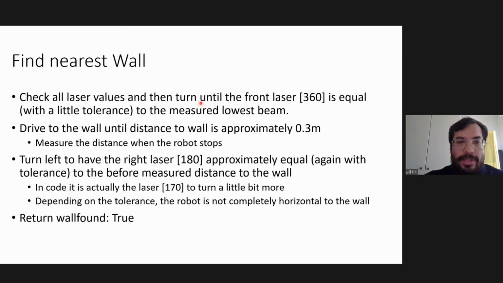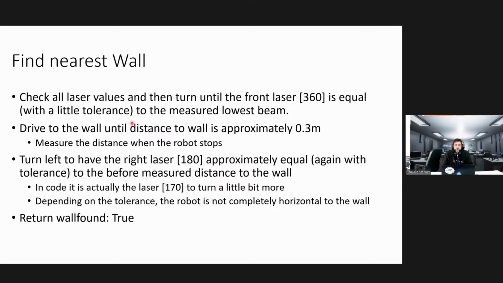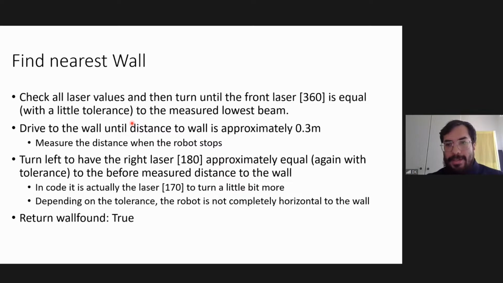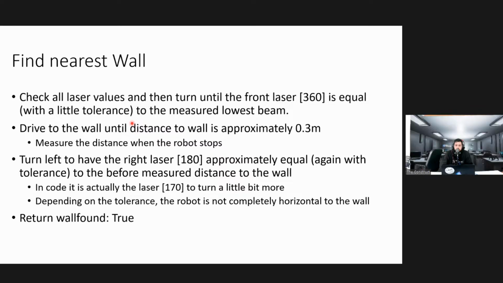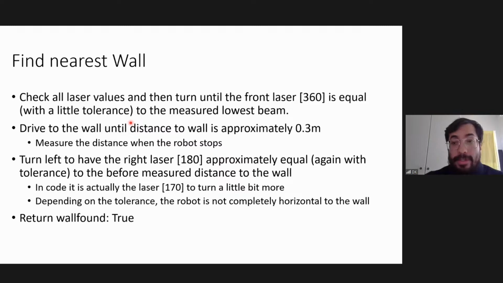Then I rotate the robot until the front distance, which in my case is 360, is approximately equal to what I measured before, the lowest beam. It has a little bit of tolerance because I publish angular velocity, so it has steps of rotation. It can happen that it over-rotates, and then you have to do a whole new rotation and it goes on forever. That's why I have a tolerance, so it has to be within some range.